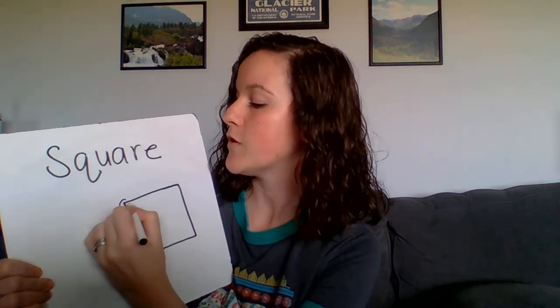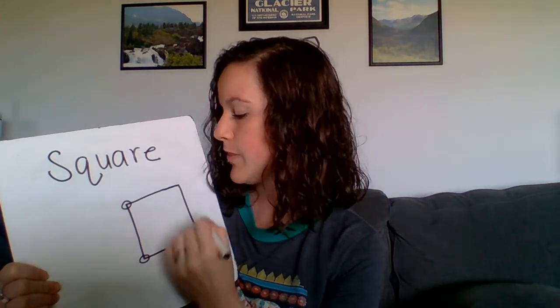The next shape that we are going to talk about is called our square. So let me write that on here for you. Now, a square also has 4 sides and 4 vertices or points. So 1, 2, 3, 4, okay?